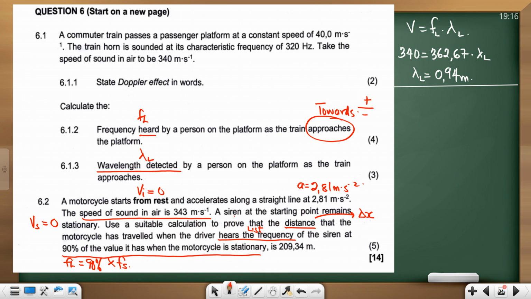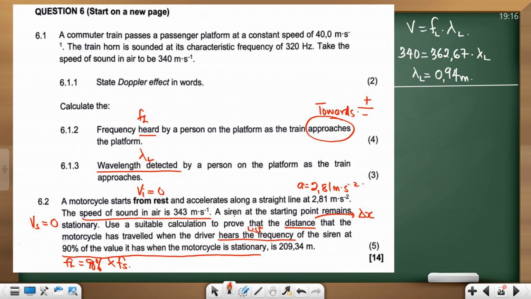And by the way, this guy is moving in which direction? Is it towards or away? Come on. A motorcycle starts from rest and accelerates. The speed of sound is 343. A siren at the starting point. They said at the starting point, that means they were both at the same point.